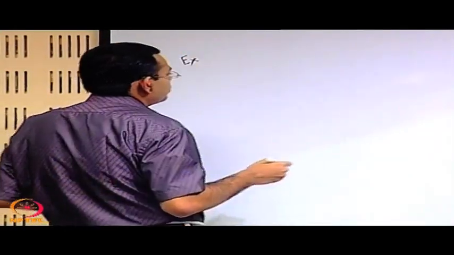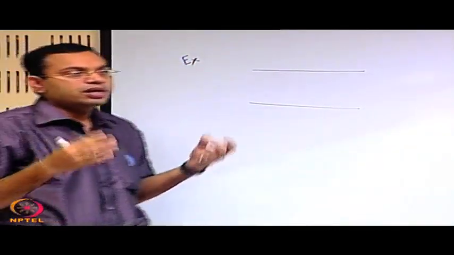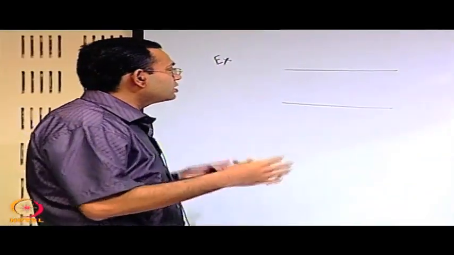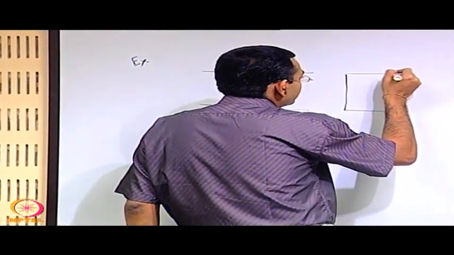Let us say that you have a duct. This duct may be of a square shape or whatever shape. Let us assume that the section of this duct is a square, just for convenience.